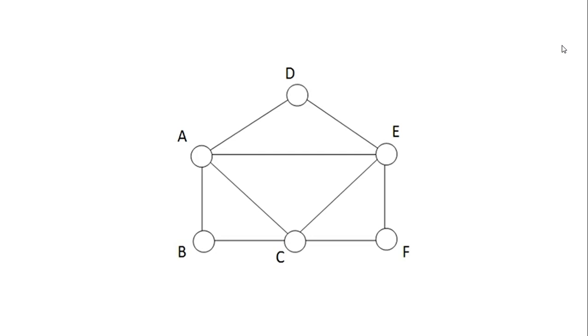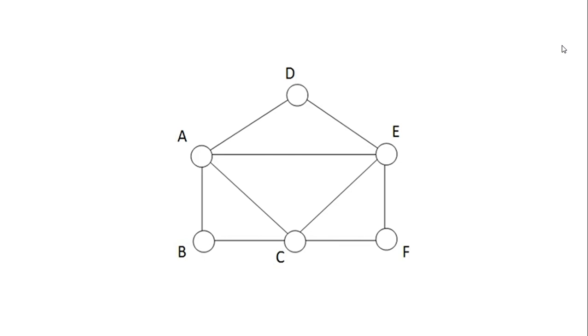So now we want to find an Euler circuit on the graph before. An Euler circuit is very similar to an Euler path, except that we must return to the same vertex because it is a circuit.